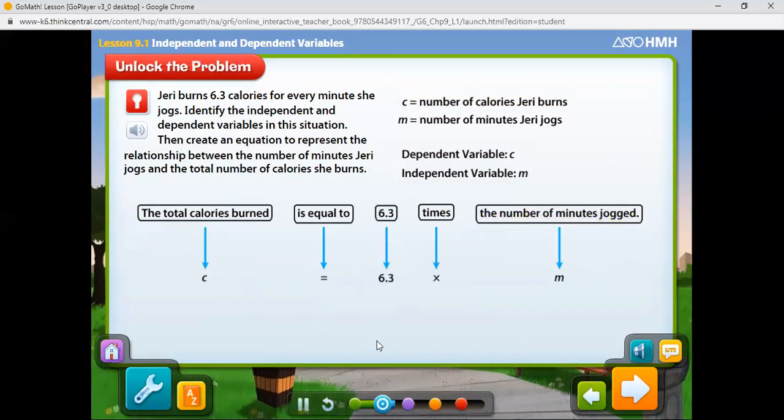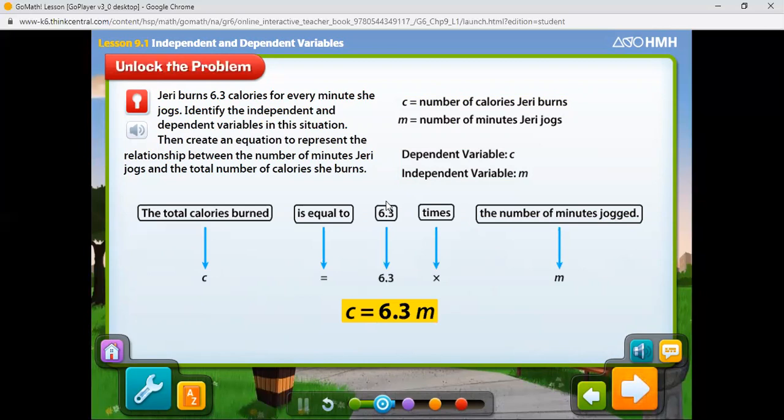The total number of calories is C, and the number of minutes jogged is M. So the equation C equals 6 3/10 M represents the number of calories C Jerry burns if she jogs M minutes, where C is the dependent variable and M is the independent variable.